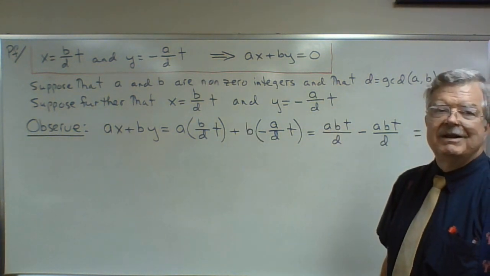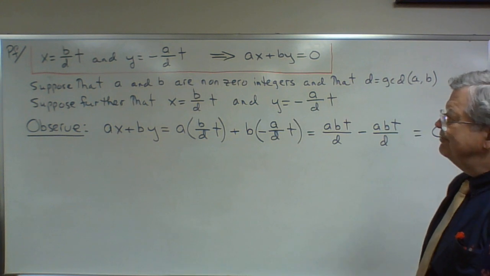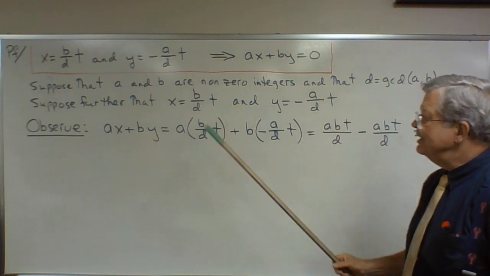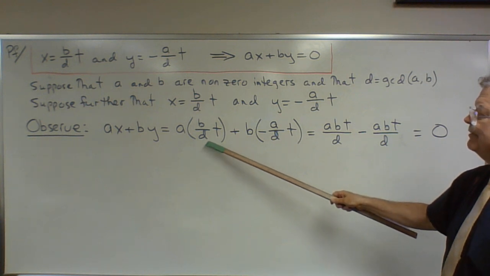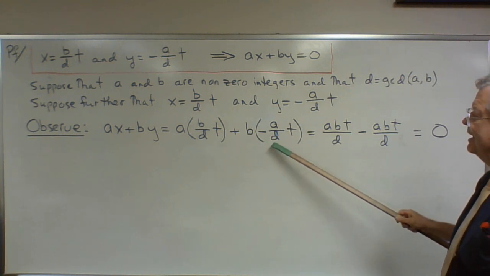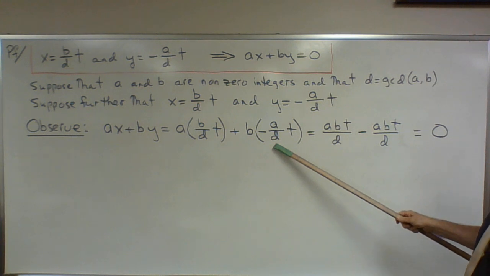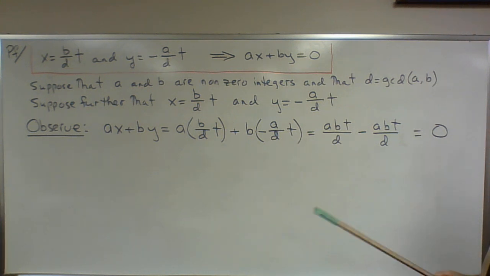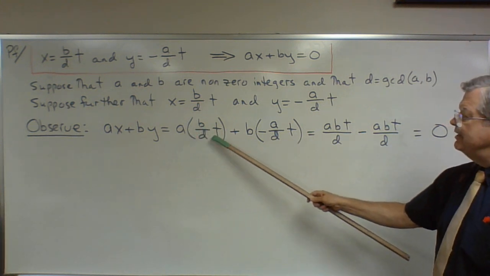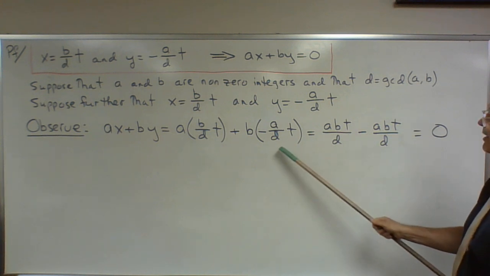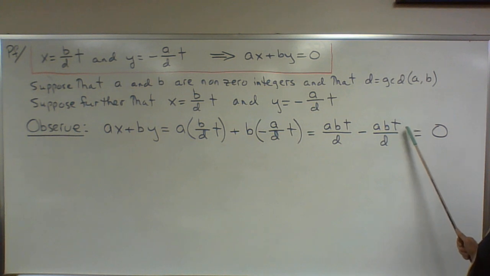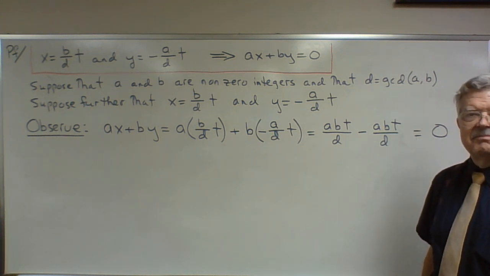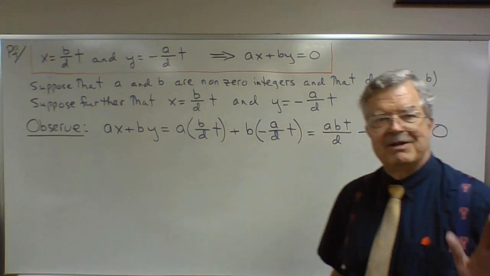Just plug them in and let the algebra do itself. ax plus by is a times b over d times t plus b times negative a over d times t, and that works out to abt over d minus abt over d. That's 0. Okay, no big deal.